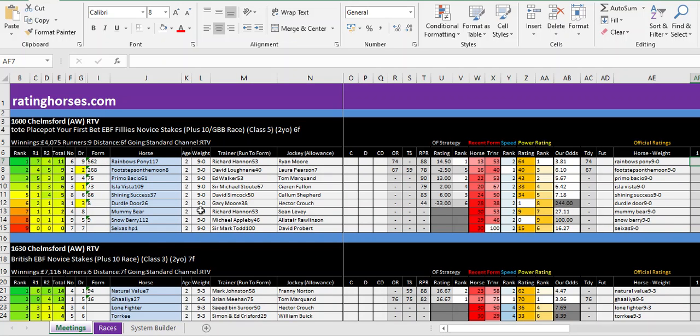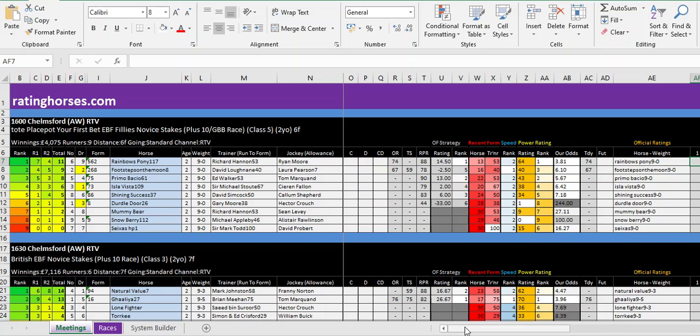Okay, now when you're a new member and you receive and download your ratings for the first time, or indeed the first few times, you may well stare blankly at the information available. But believe you me, after a few days finding your way around the spreadsheet, the data is quite accessible and easy to understand.